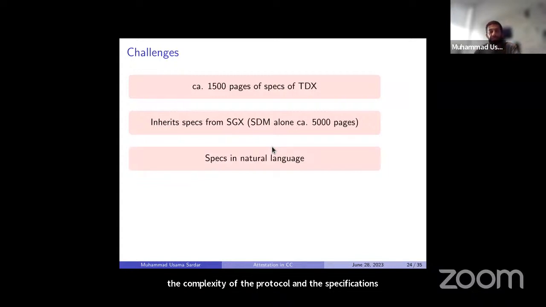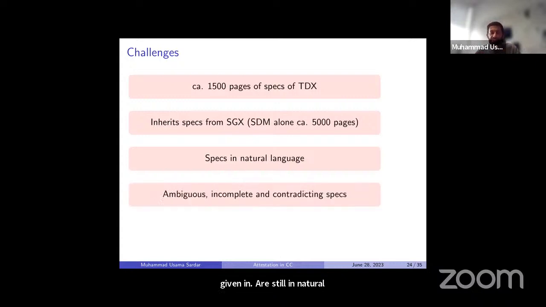Another problem is that the specifications are still in natural language by Intel, and one can interpret them in different ways. And not only that, they are really ambiguous at many points, they are incomplete, and even contradicting what Intel says in another document compared to what they say in other specification documents.